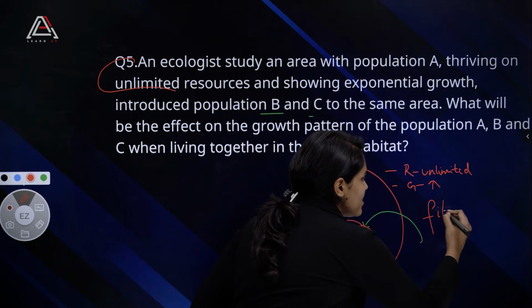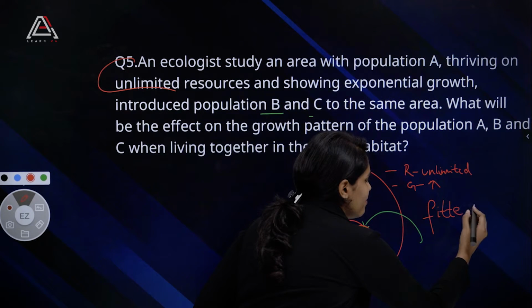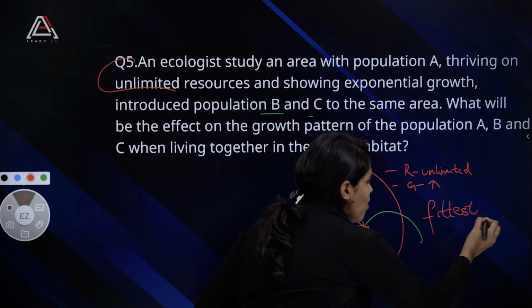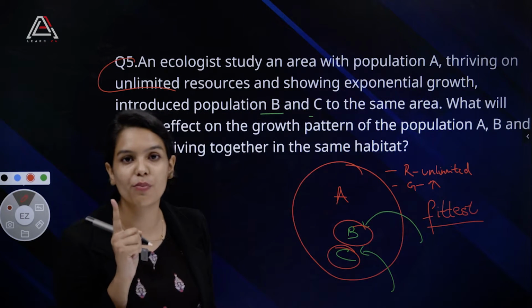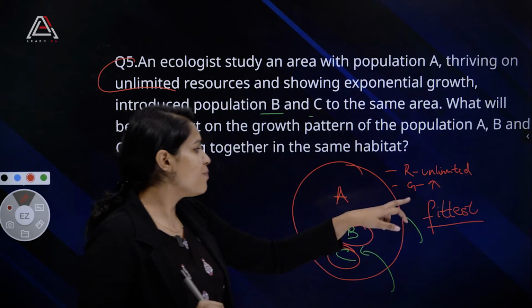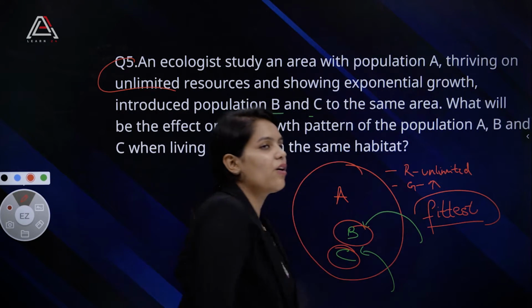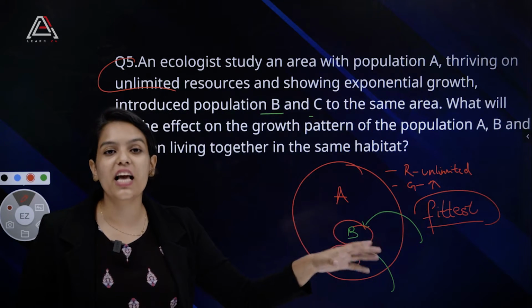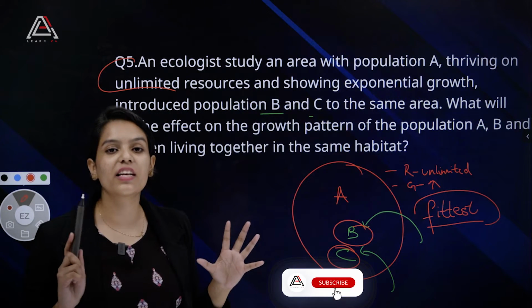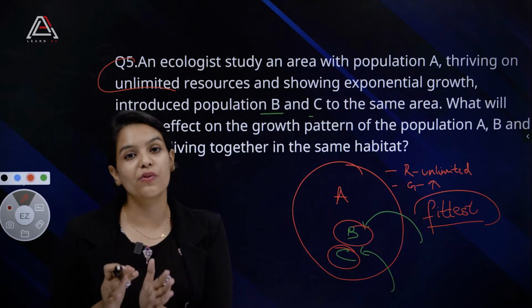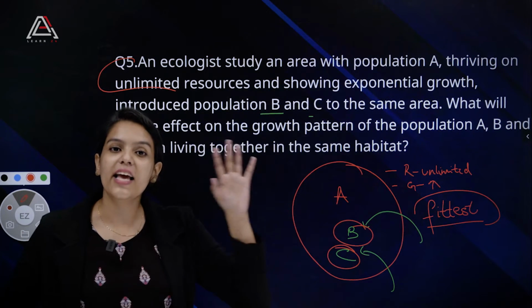You all have studied the survival of the fittest concept in the organisms and population chapter, right? So mention that there will be a competition between A, B and C populations, and only the fittest one will survive in this particular area.